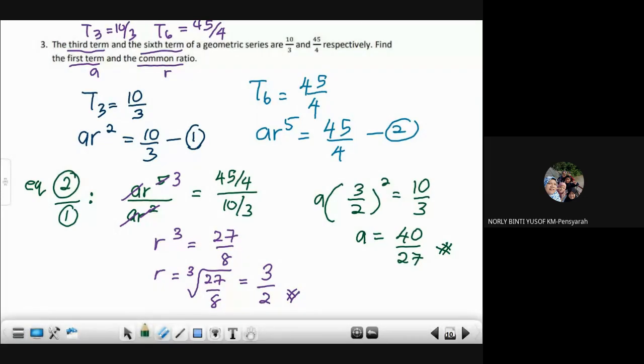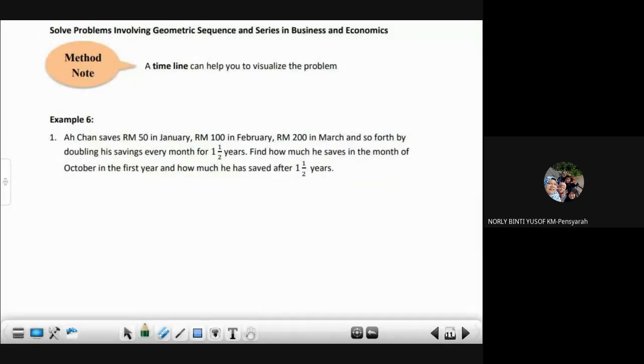Lepas tu kita bersama the second learning outcome is solve problem involving geometric sequence in business and economic. So method note dia, a timeline can help you to visualize the problem. So contoh untuk first example, Ah Chan save RM50 in January, 50 bulan 1, 100 in February, 200 in March.